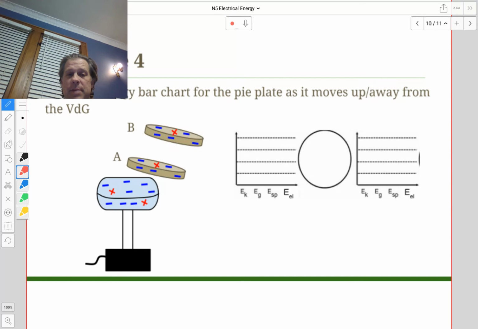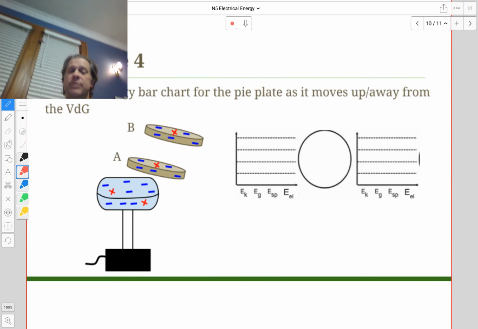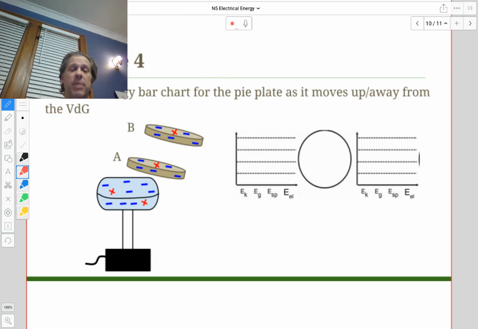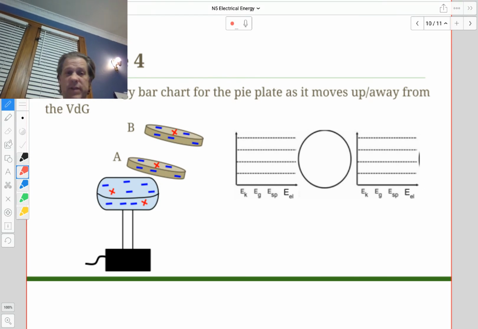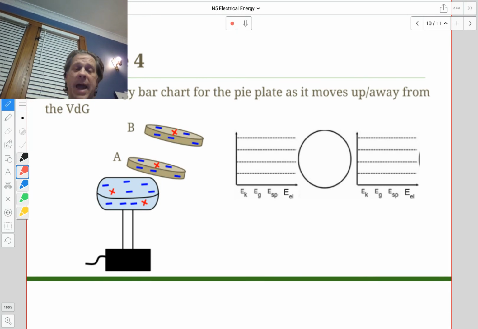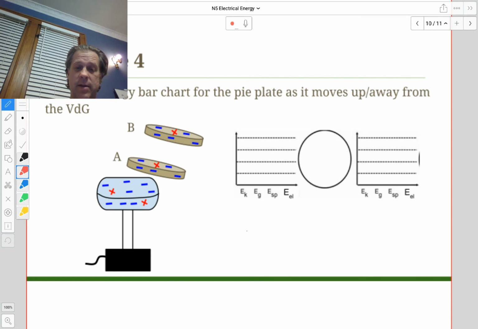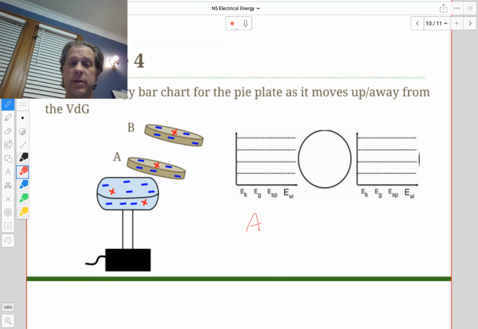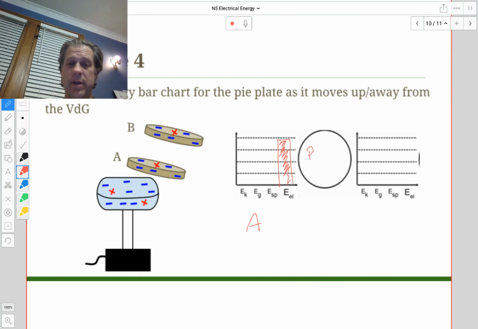The last example that we're going to take a look at is where we draw an energy bar chart for the pie plate as it moves up and away from the Van de Graaff generator, VDG. At spot A, we would say that this particular pie plate has all electrical energy. The system in this case is the pie plate.